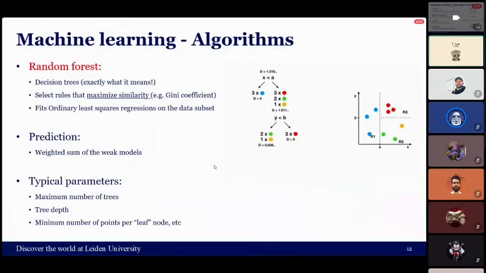What happens in the random forest is it maximizes the similarity between clusters of data, and then applies ordinary least squares to those clusters of data, right? If you have this set of blue, red, and green points on the right, it will cluster different groups into these parts, and then fit some model that fits well in that part of the data set. That's how the random forest works.